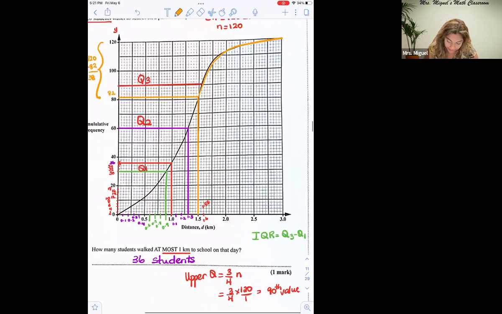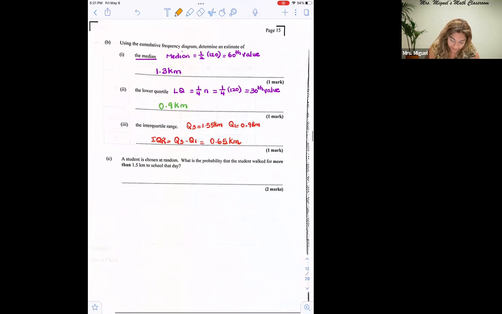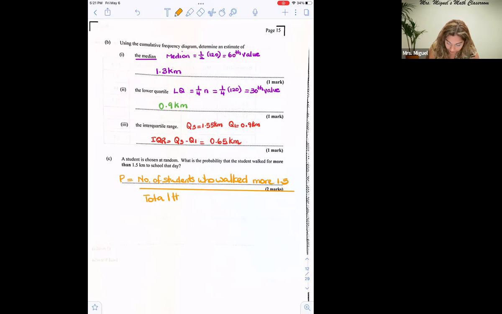So probability is the number of students who walked more than 1.5 over the total number of students. So we have 38 over 120. Simplify that to the lowest terms for me.